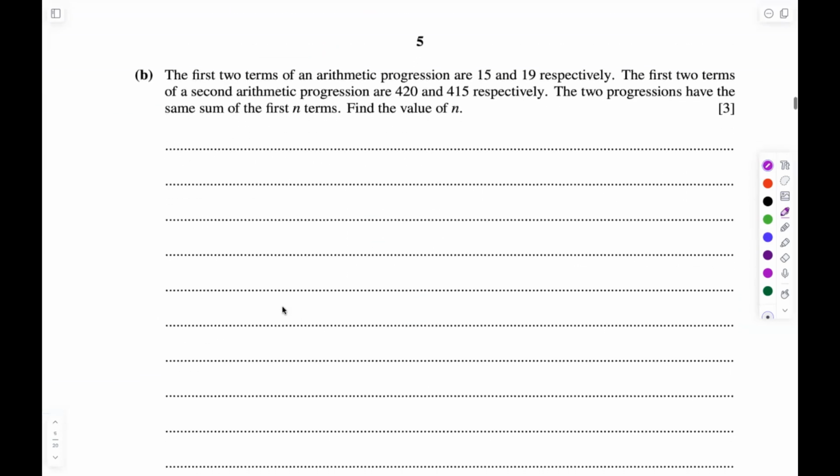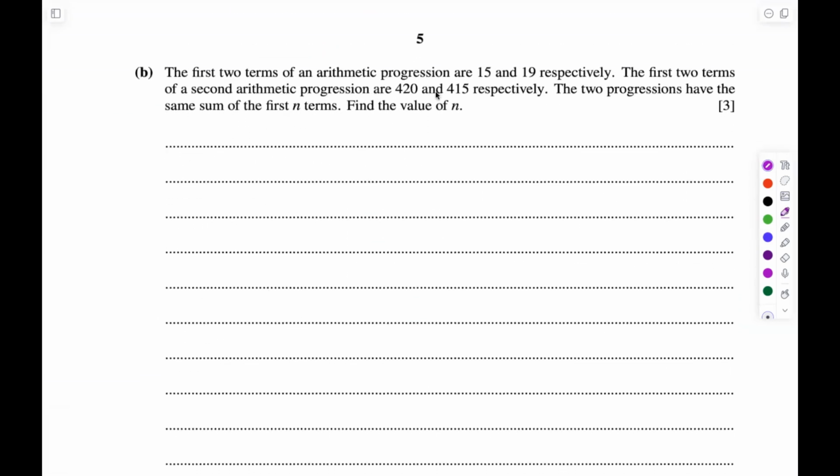In part B, the first two terms of an arithmetic progression are 15 and 19. The first two terms of a second arithmetic progression are 420 and 415. The two progressions have the same sum of the first n terms. We have to find the value of n.